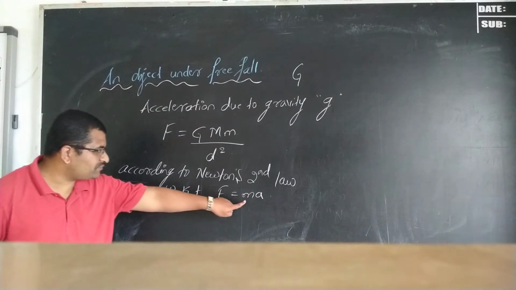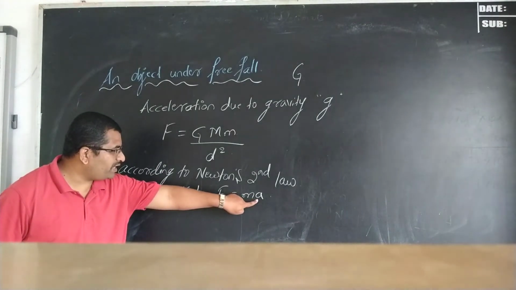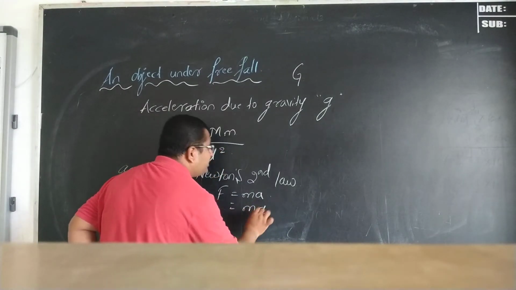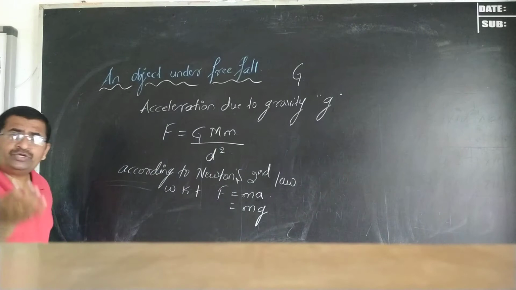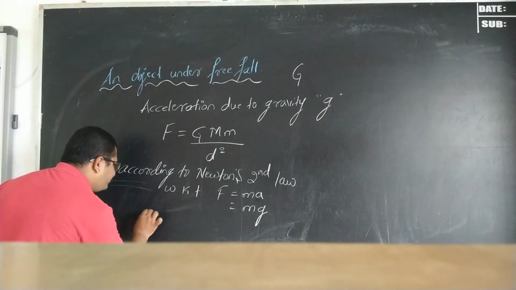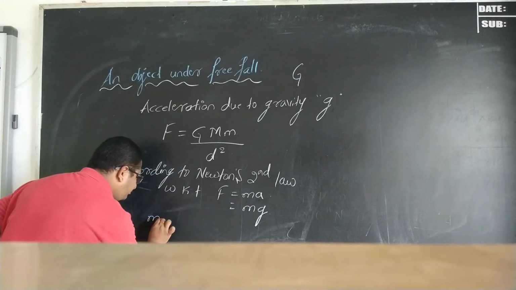Here m is the mass of the object and a is the acceleration. In place of a, I will substitute g, the acceleration due to the gravitational force of the earth. In place of F, I will substitute mg.